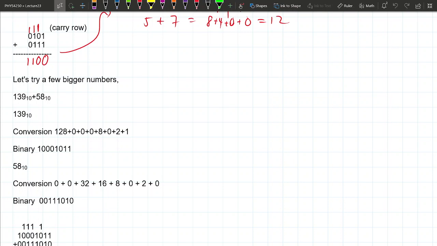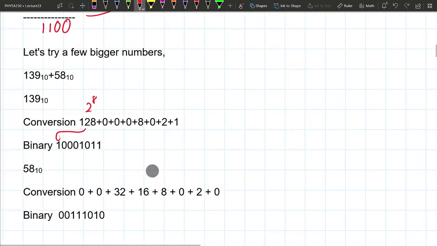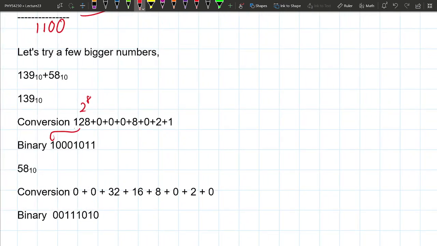So this will put you in the 2 to the eighth place, so that conversion places a 1 in the 2 to the eighth place. The rest of these are 0.